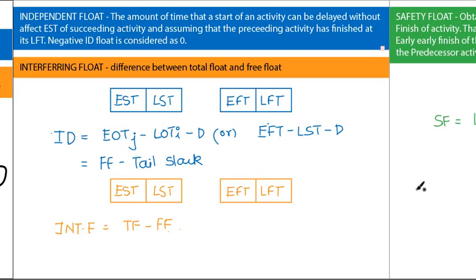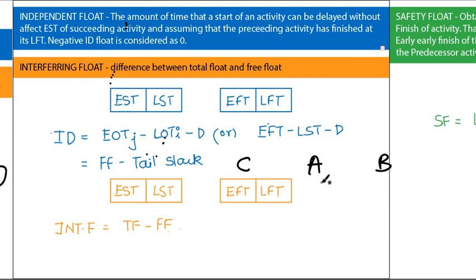Independent float is the amount of time that the start of an activity can be delayed without affecting the early start time of the succeeding activity, assuming that the preceding activity has finished at its latest finish time. Consider there are three activities, A, B and C. A is the current activity, B is the succeeding activity, while C is the preceding activity.